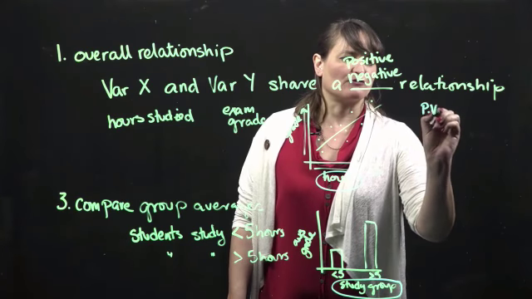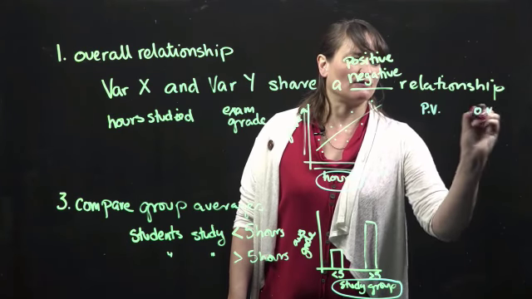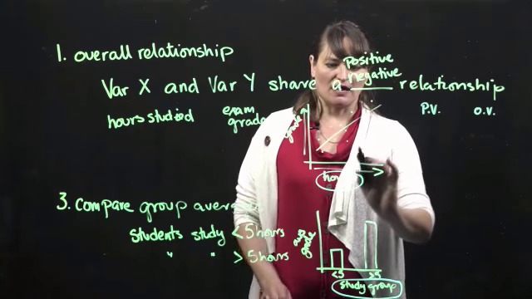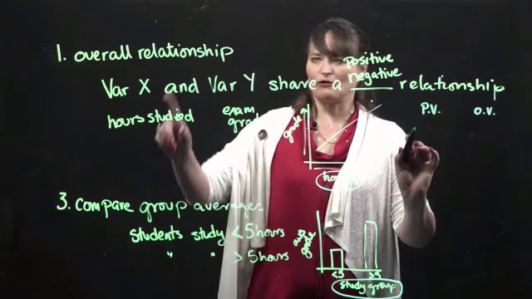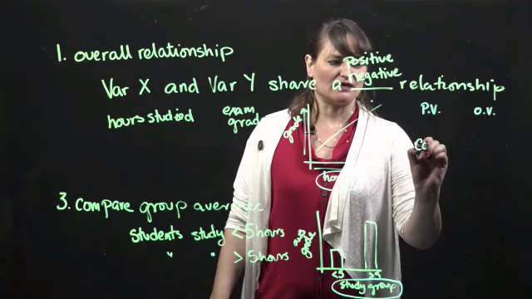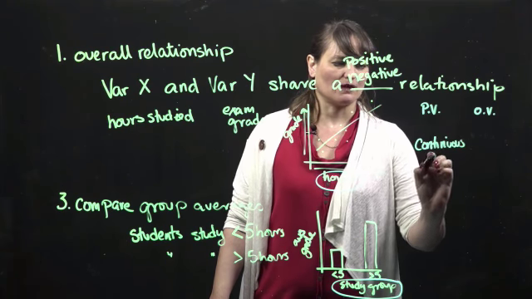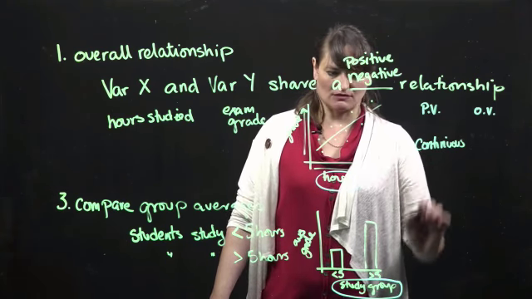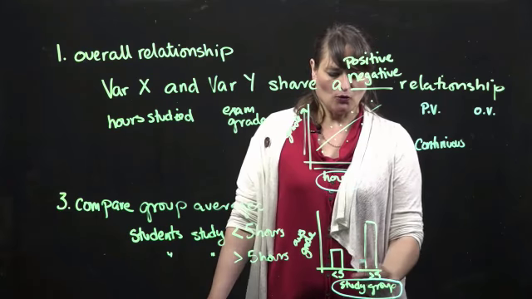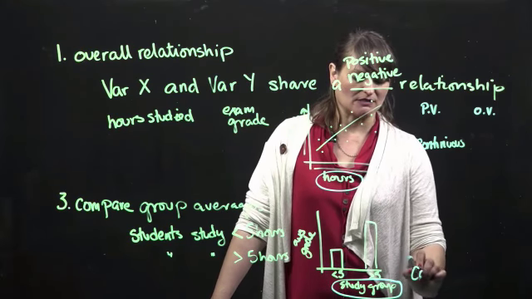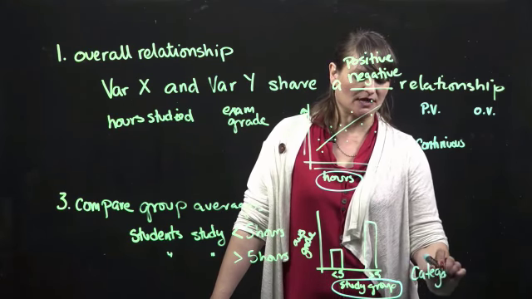So if we've got our predictor variable and our outcome variable, in this case, the overall relationship, our predictor variable is measured continuously. In this case, when we're comparing group averages, we've got 2 groups, we've got categories. Our predictor variable was measured categorically.